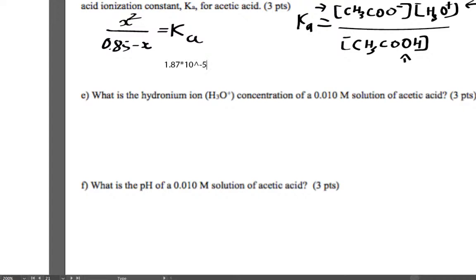Let's start with the x squared, which is 1 there. And for the x there, it's negative 1.87 times 10 to the power of negative 5. There we go. And for the c, this would be 0.01 times 1.87 times 10 to the power of negative 5, which we would get that.